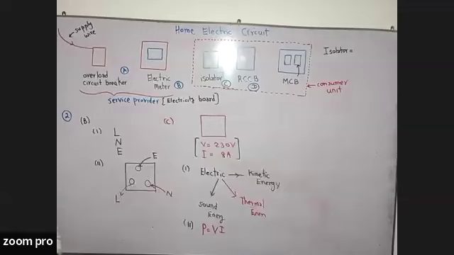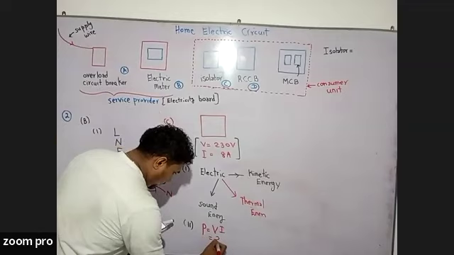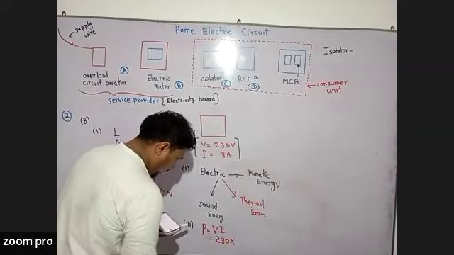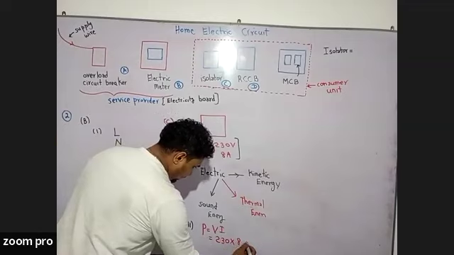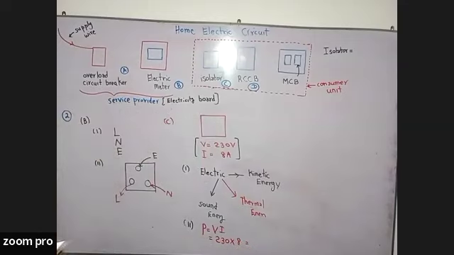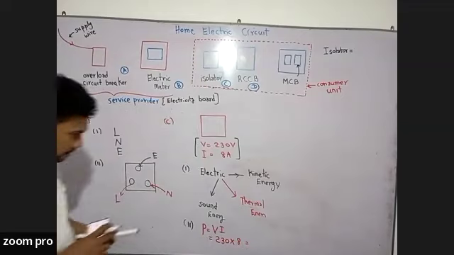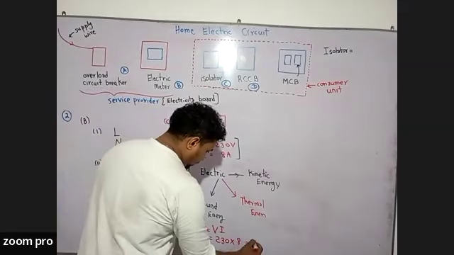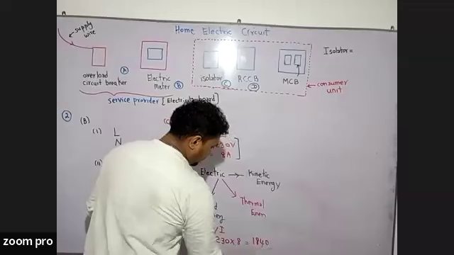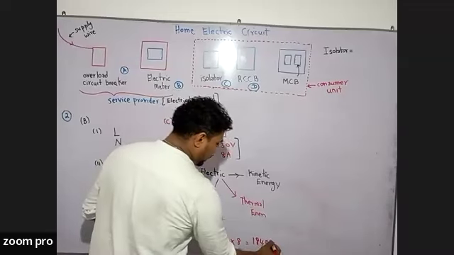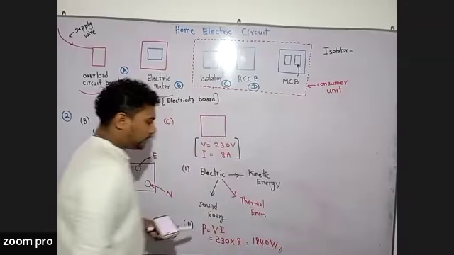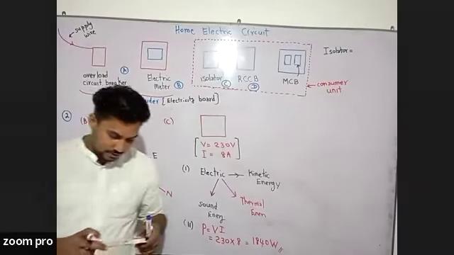So if I substitute the relevant values, voltage should be 230, I should be 8. So the answer is 1840 watt. Keep in mind that the unit of power is watt, right?